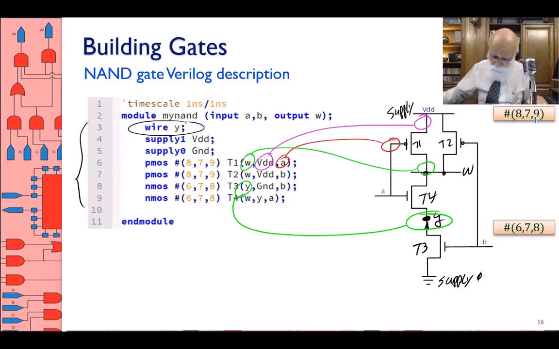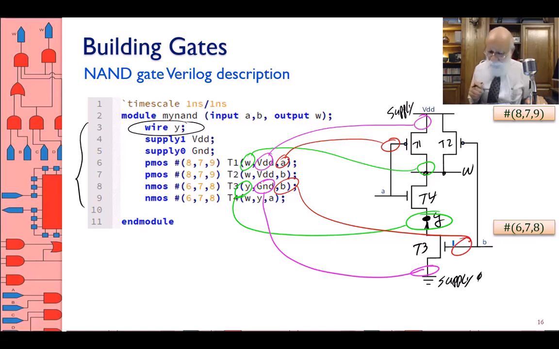What's the input? The input is the supply itself. The easy one is control, that comes last, and the control of this T3 transistor is input B.